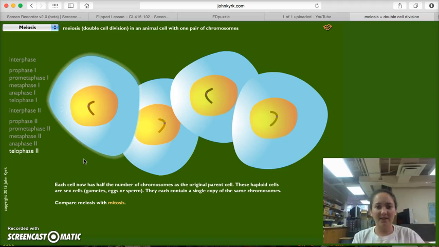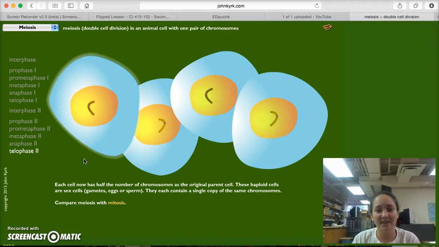So, big picture, what meiosis does is it reduces the genetic information of a person and makes that genetic information variable.